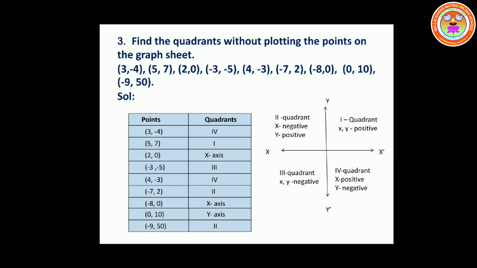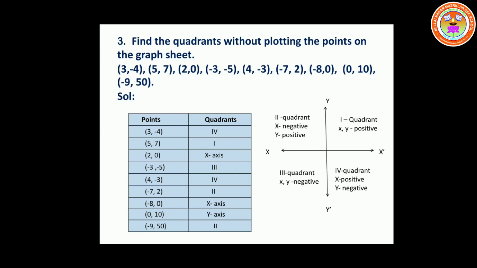The first quadrant, x, y positive value. Second quadrant, x is negative, y is positive. Third quadrant, x and y is negative. Fourth quadrant, x positive and y negative. So this is the approximately drawn graph, just to identify where the point is. I've just written points in one column, the quadrants in the other column.